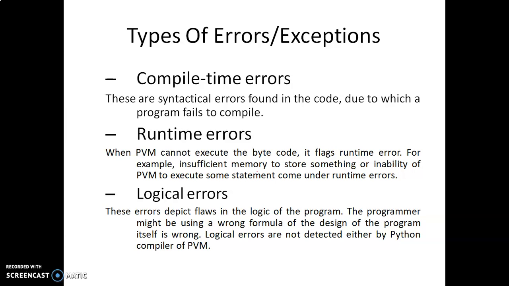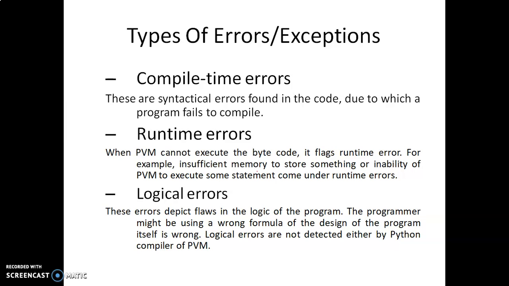These can be handled by the programmer. They will correct the compile time error, and only then the program executes. The next type of error is the runtime error. This runtime error is not displayed at the time of compilation.